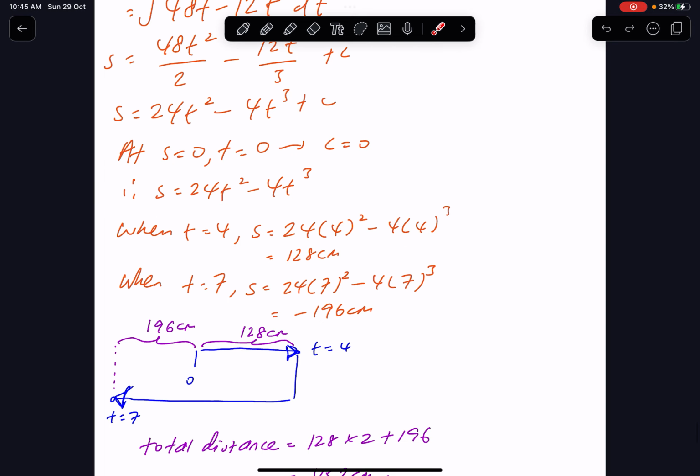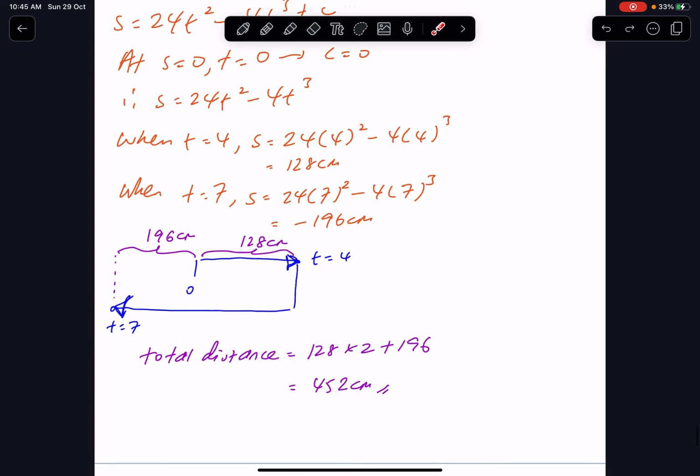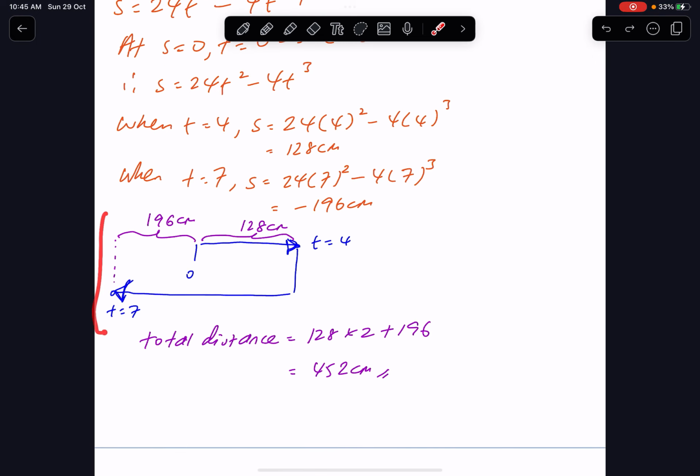And we investigate at the instantaneous rest point, meaning at t equals 4. With respect to the fixed point, the object is 128 cm away. At 7 seconds, where is the object with respect to the fixed point? Negative 196, meaning it is to the left of the fixed point. Now, to find the total distance, draw this out. At 4 seconds, it's 128 cm to the right.